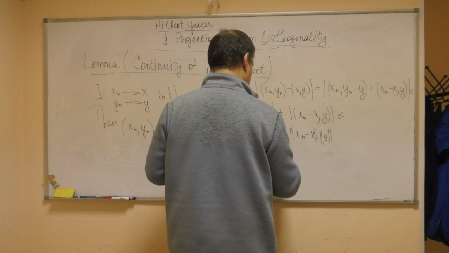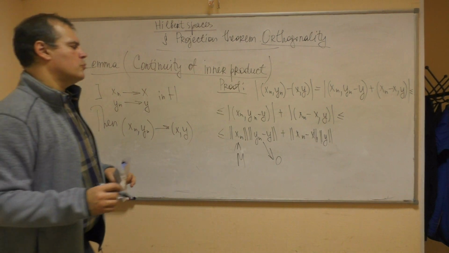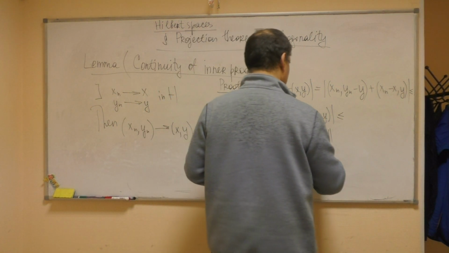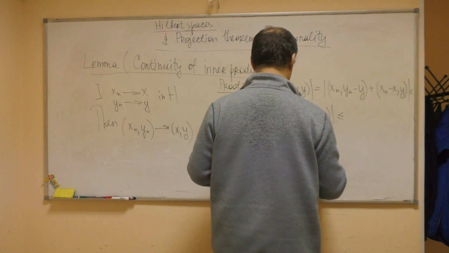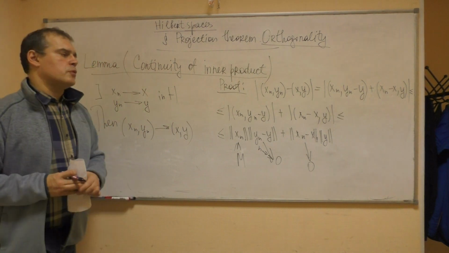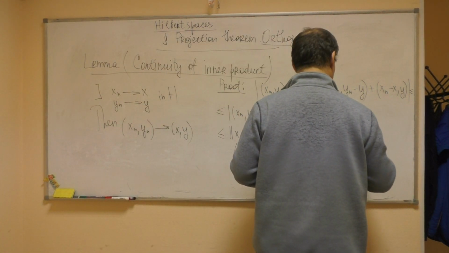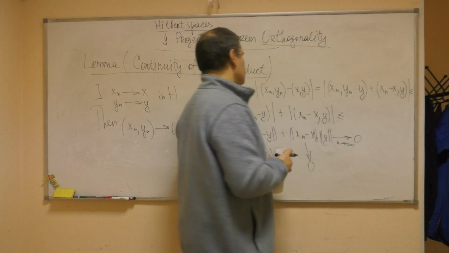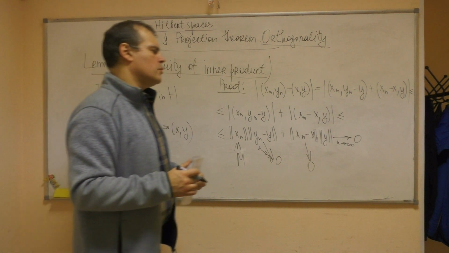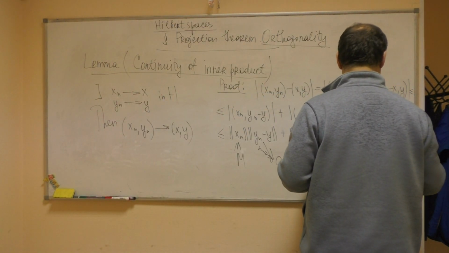This term converges to 0, as y_n converges to y. The same here. So both terms converge to 0, so the sum converges to 0. So indeed, if two sequences converge, then the inner product converges as well.